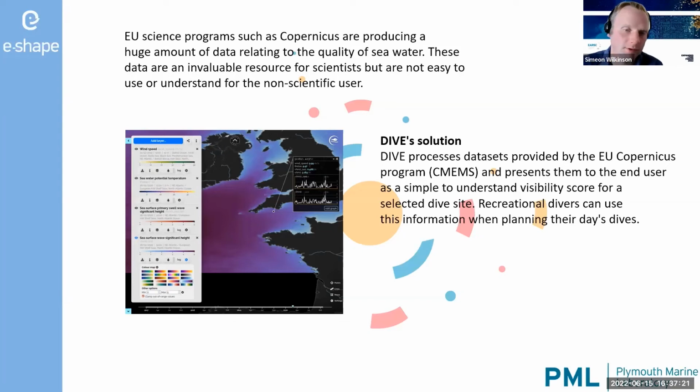Our intention is to present this to the end user with a simple to understand visibility score for a selected dive site. Recreational divers can use this information when they're planning their dives. So if the water visibility is really terrible, they can look at this beforehand, and then they will know it's not worth travelling to the dive site, and save them time and probably money as well. And next slide, please.